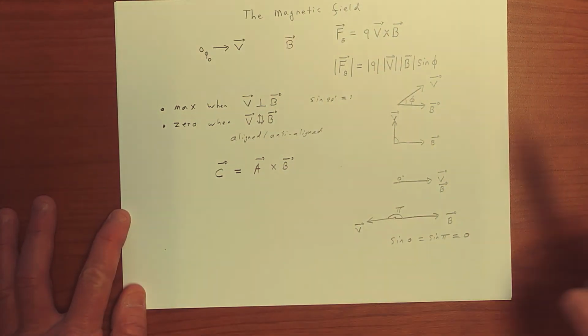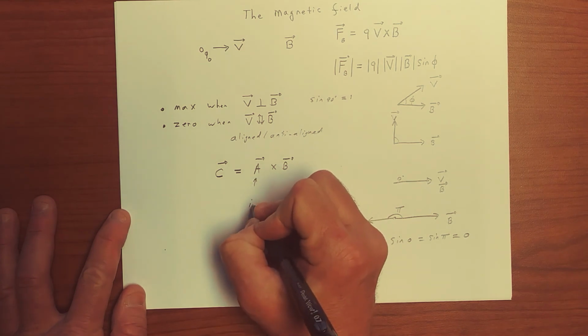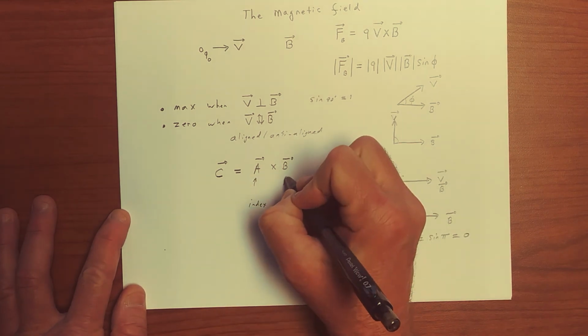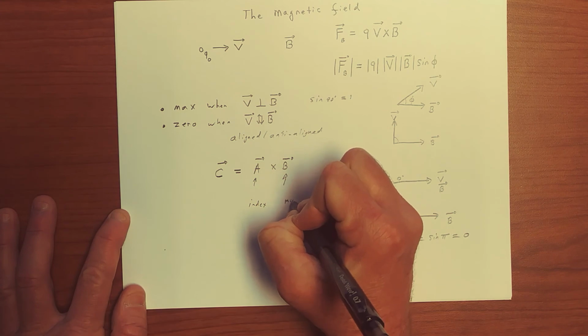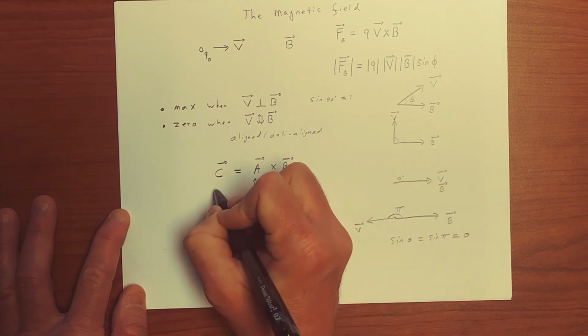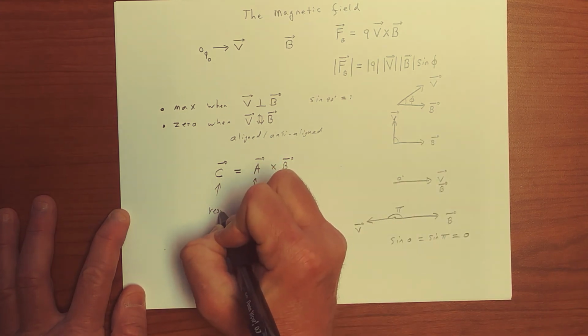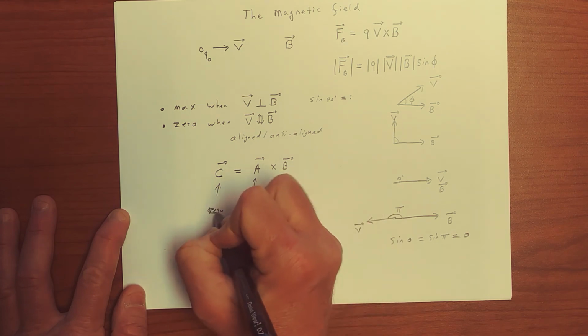So this one is the index finger. This is your middle finger, and this is the resulting vector, which is your thumb.